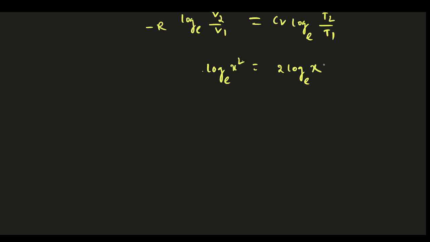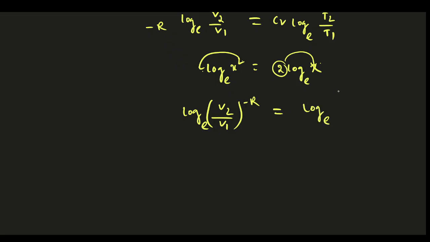So log e V2 by V1, this minus R can be moved here, so this is minus R log e V2 by V1 equal to Cv log e T2 by T1.